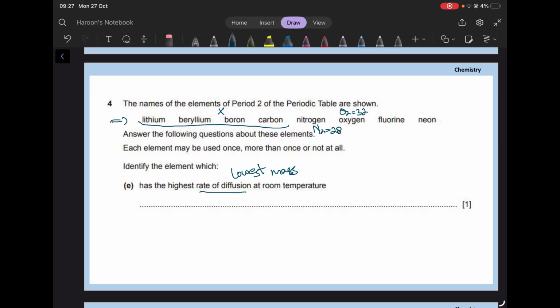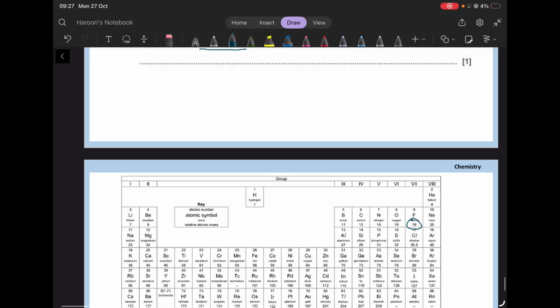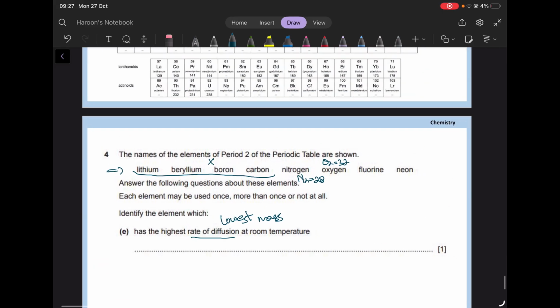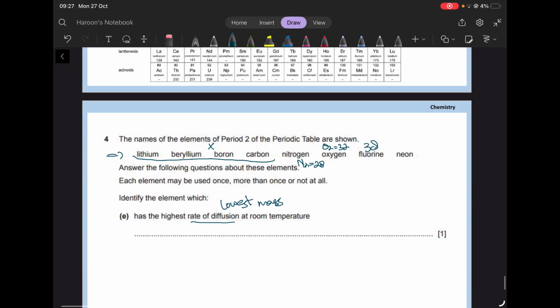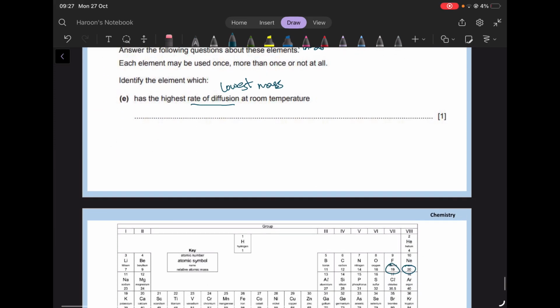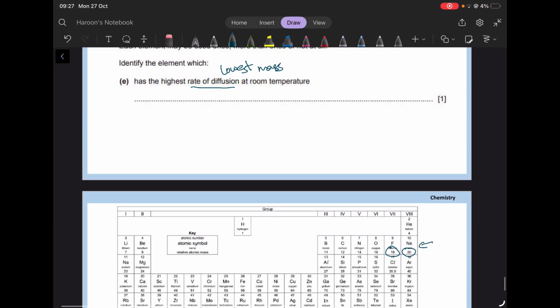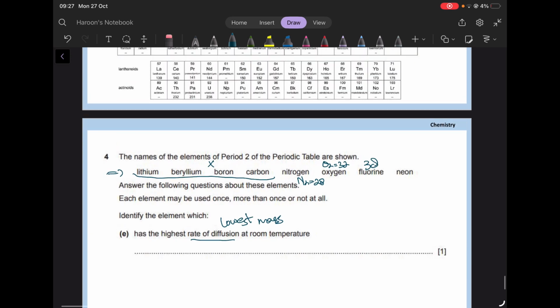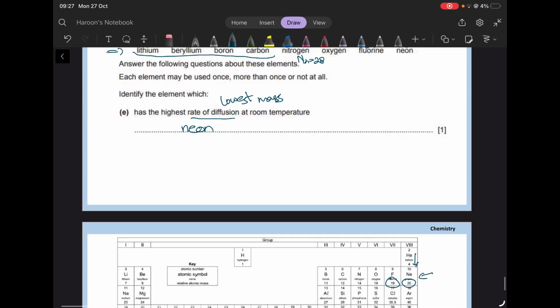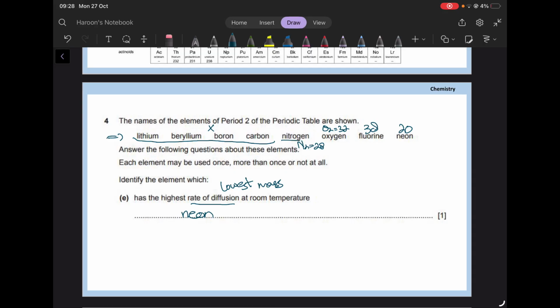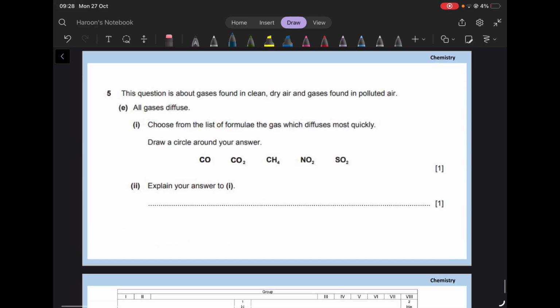Fluorine, you can see 19 over here, 19 times 2, this should be 38. And neon, this would be monatomic, only Ne. Group 8 are monatomic, right? So this would be 20. So the fastest rate of diffusion should actually be neon because of its lowest mass. All other gases, in this case nitrogen, oxygen, fluorine, would be in diatomic form.